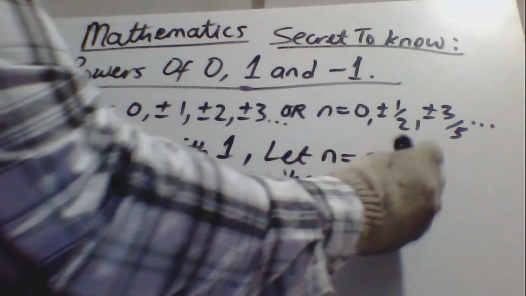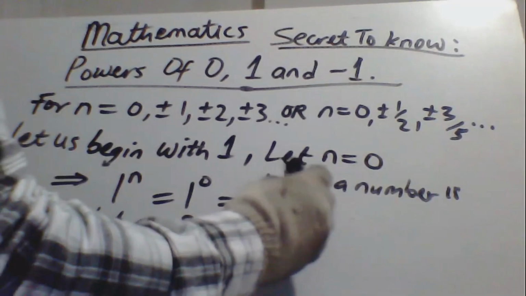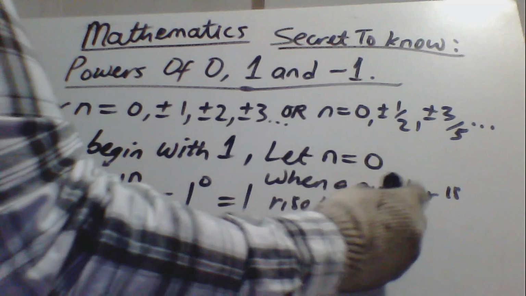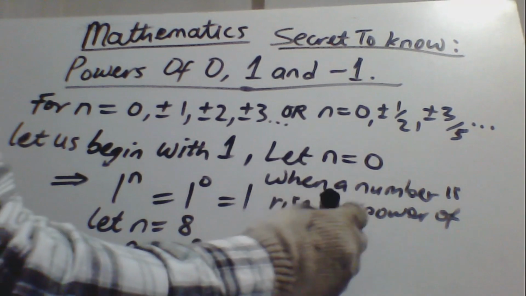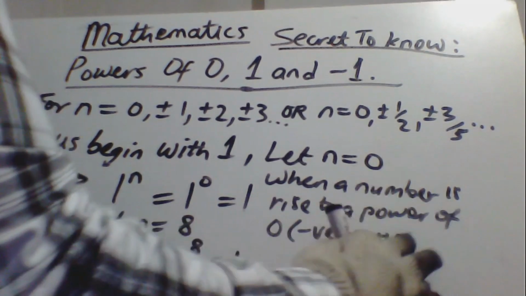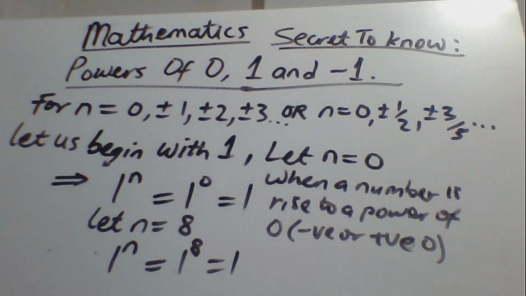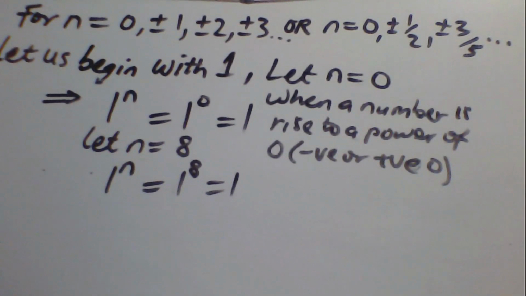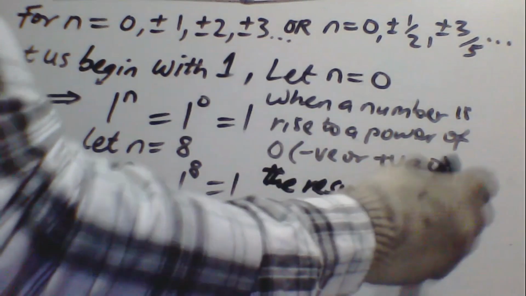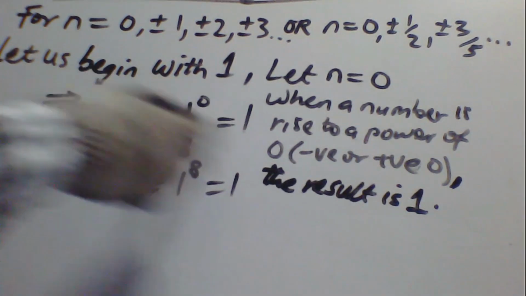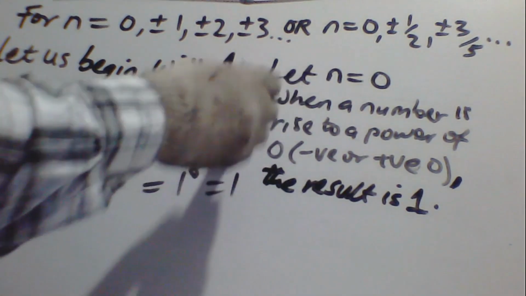When a number is raised to a power of 0, whether negative or positive 0, the result is equal to 1. That is what happened here.